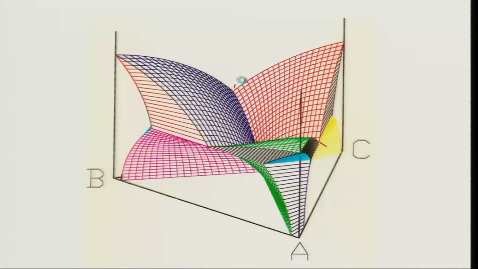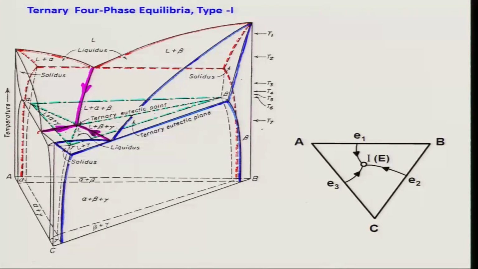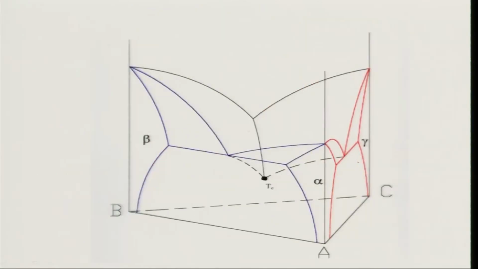If I take a projection of those surfaces, it will look like this. You see here the projected surface, and there is a ternary eutectic point, it must be like this. Obviously, other than that there will be other things coming into the picture which are not shown here. If I remove all the shades, this is how it will look.